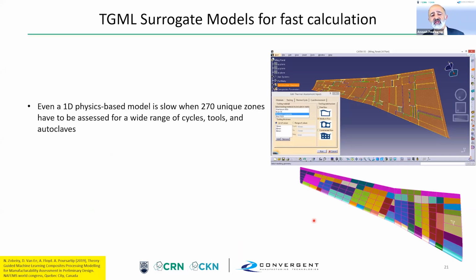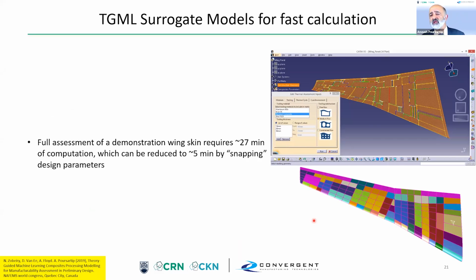And the problem is that even with 1D runs, this can take as long as 27 minutes. We might be able to cut it down to 5 minutes by taking some shortcuts, but the truth is that a designer won't wait that long.